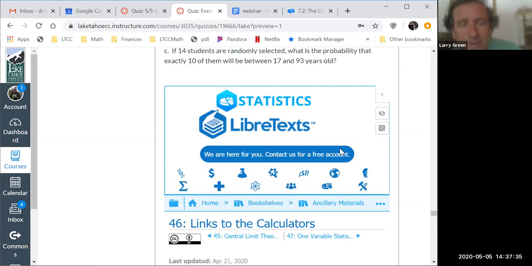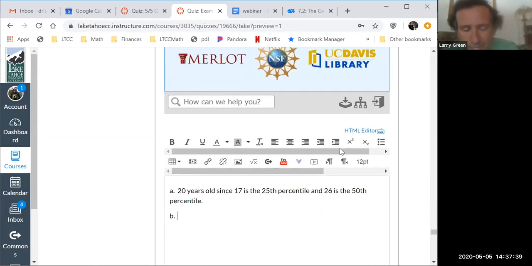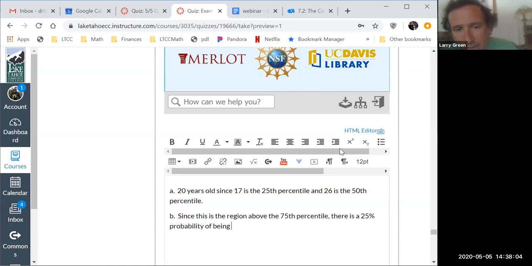So part B is 25%. Since this is the region above the 75th percentile, there is a 25% probability of being there.